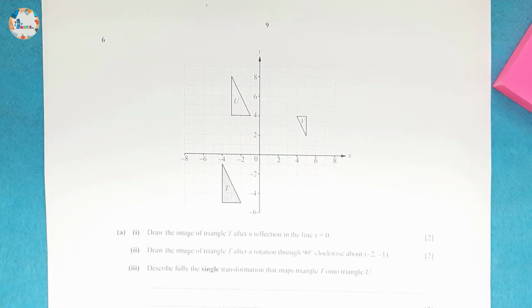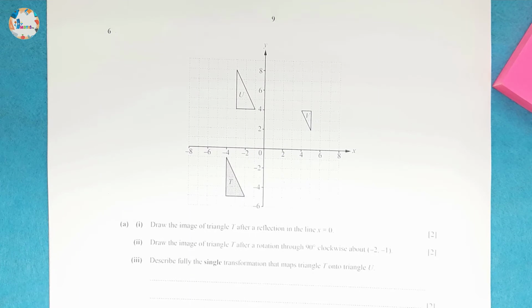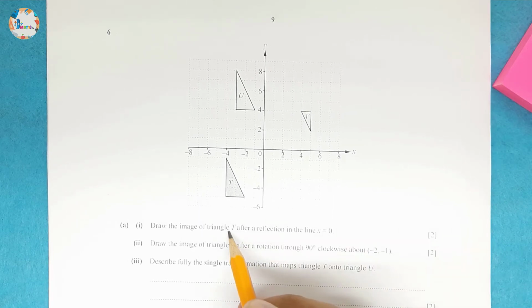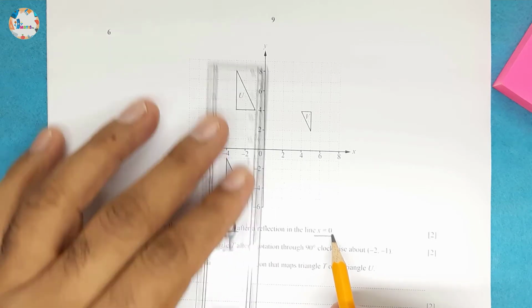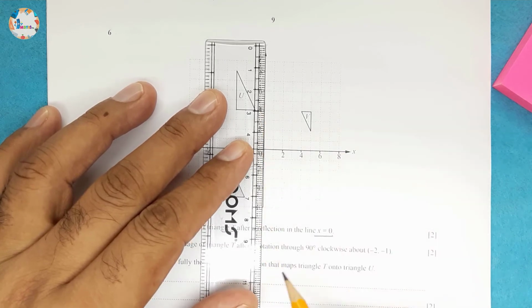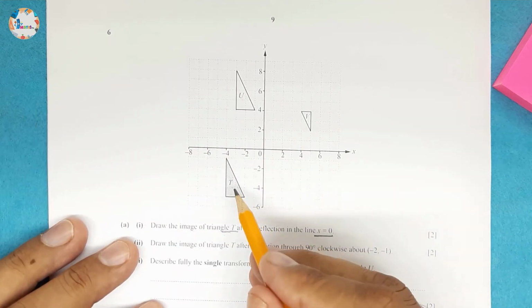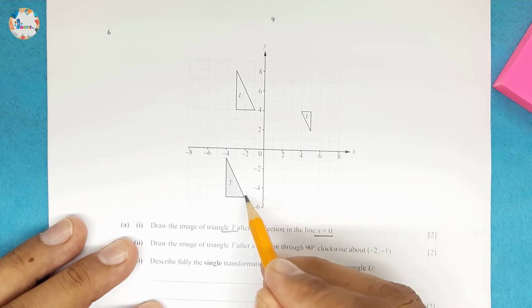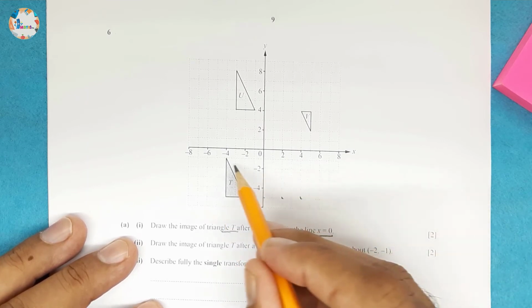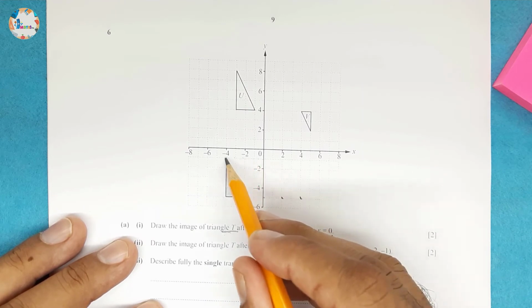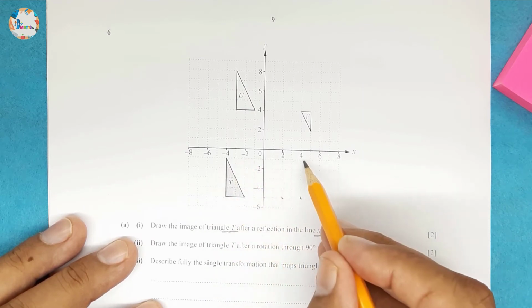Question number 6 is a transformation question. It is saying, in part a, draw the image of triangle T after reflection in the line x is equal to 0. So x is equal to 0 is basically the y-axis line, and we have to reflect T. So reflection of T from here will be 2 units, and then 2 further units, and from here it will be 1, 2, 3, 4 units.